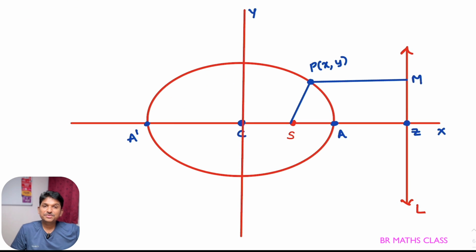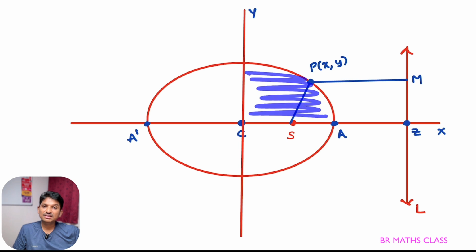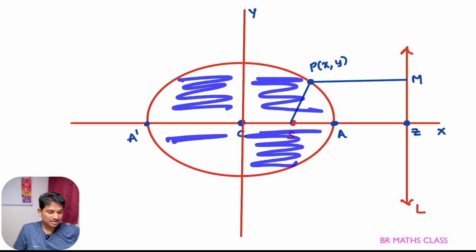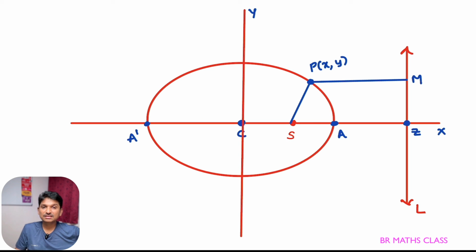See, this ellipse is symmetrical about the coordinate axes. Coordinate axes means this area is the same as this area. All these four areas are the same, symmetrical. Because of this symmetry, this ellipse will get one more focus and one more directrix.